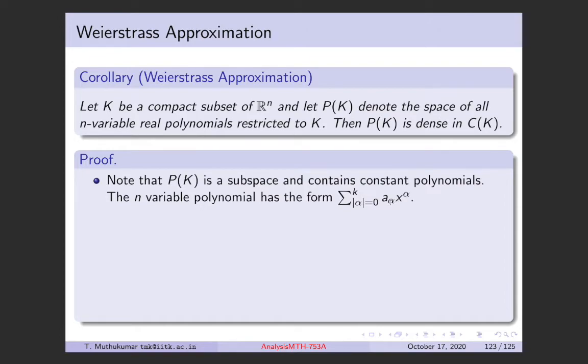Alpha is also an n-tuple of integers, so these are powers of each component of x, and mod alpha precisely means the sum of the components of alpha. So this is the multi-index notation, the compact way of writing an n variable polynomial.